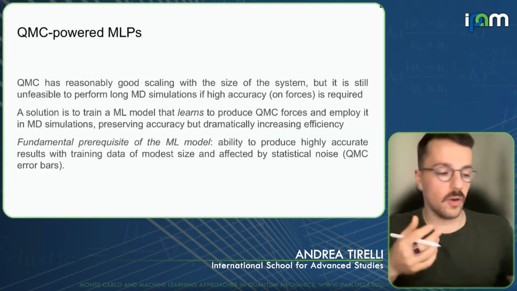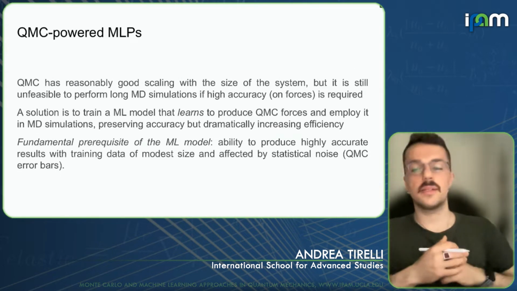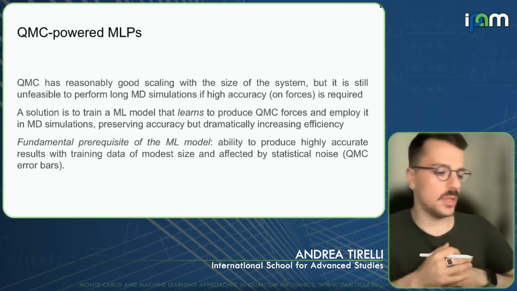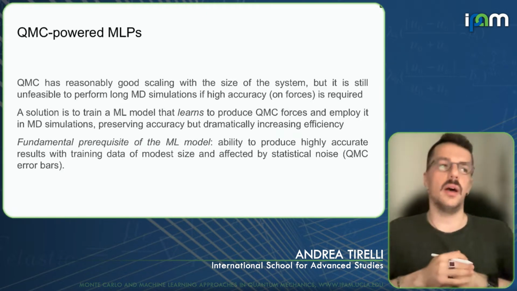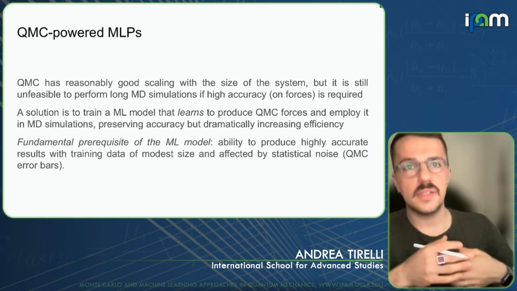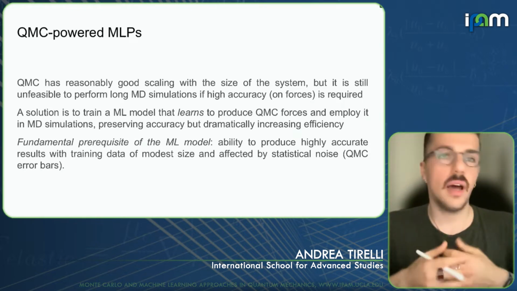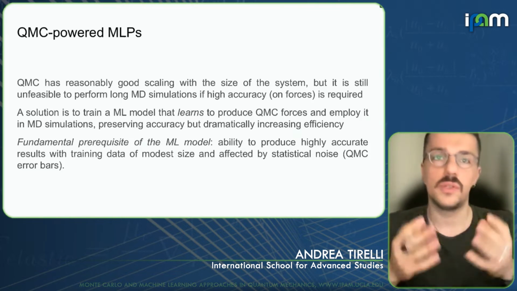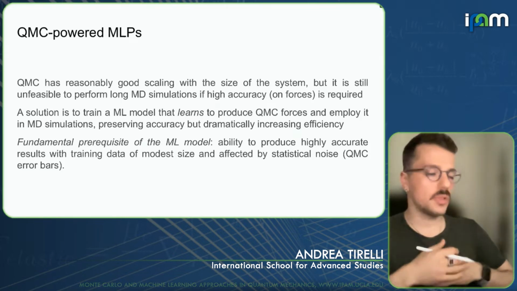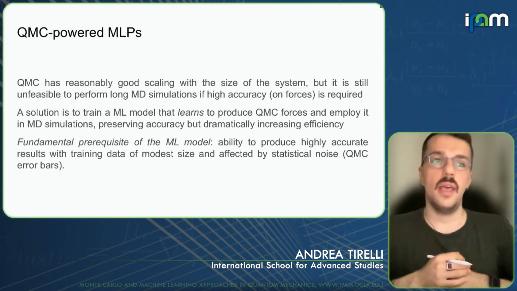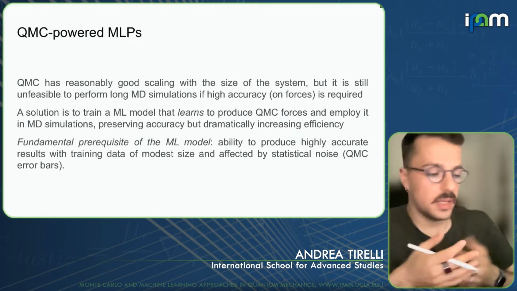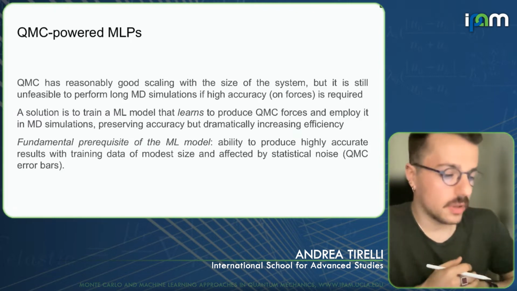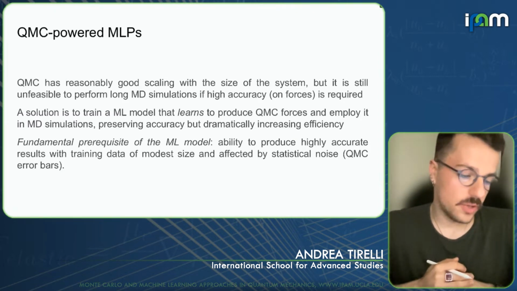The drawback of quantum Monte Carlo is that while the scientific community and the quantum Monte Carlo community have made a lot of effort to improve the efficiency and the scaling, Monte Carlo is still a very expensive method, especially if one wants to employ it in molecular dynamics simulations, to study large systems and perform very long simulations.